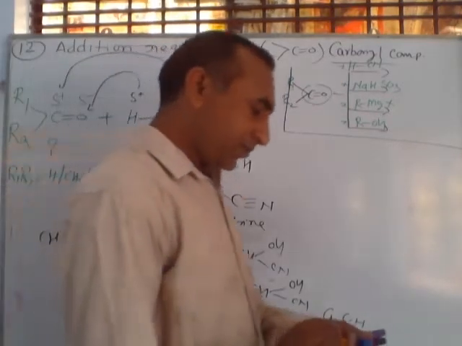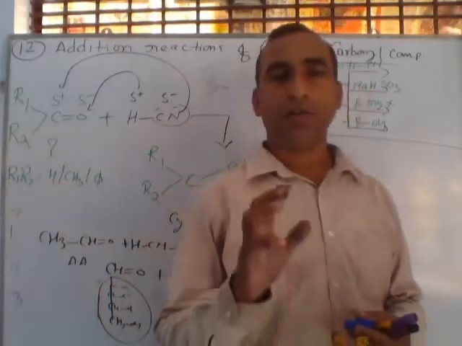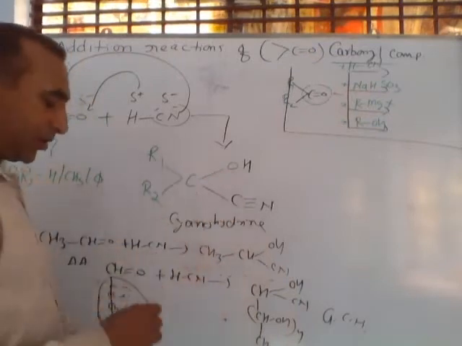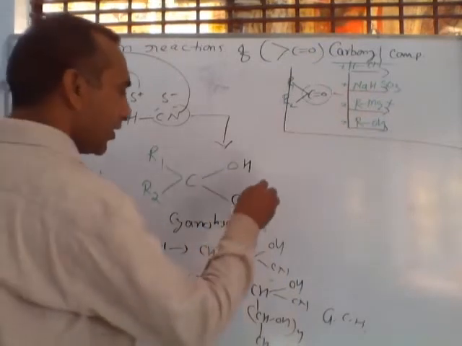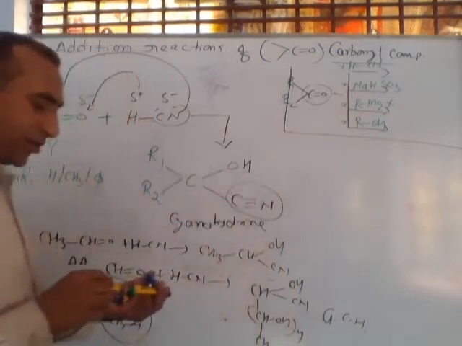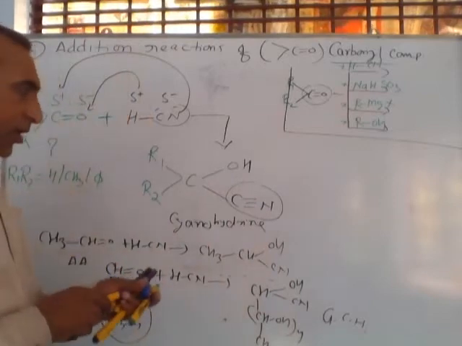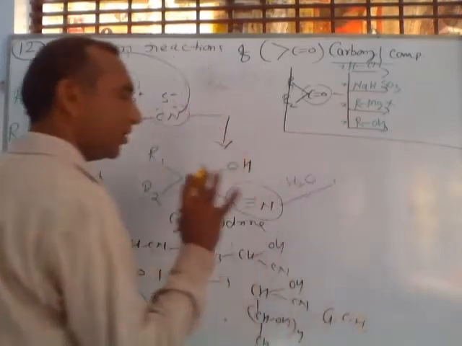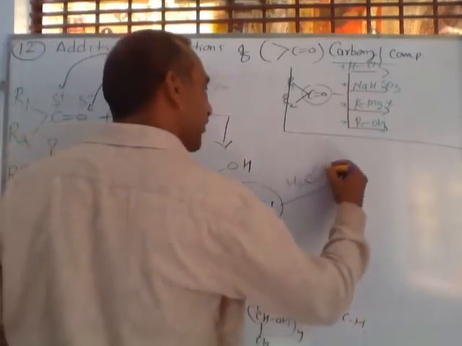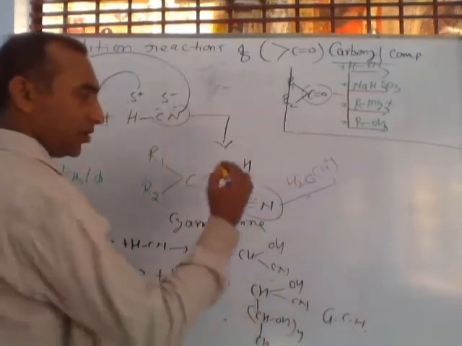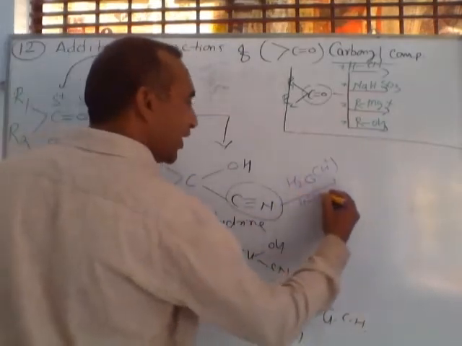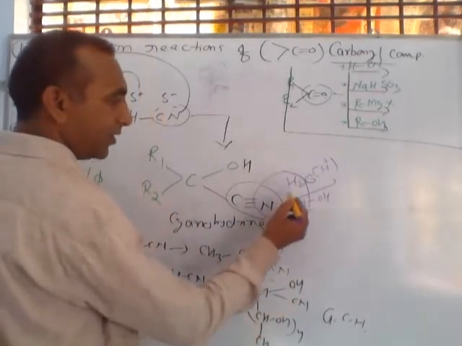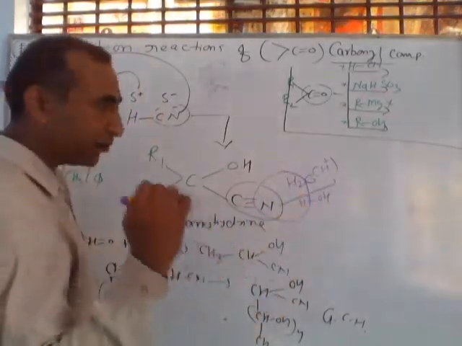But the question is, what is the importance of this product, the cyanohydrin? What is the role of this compound? Focus here, this is the cyanide group having a triple bond. If we react it with water in the presence of an acid, then two water molecules are used here and this molecule is removed. Can you guess what this molecule is? NH3, this is called ammonia.